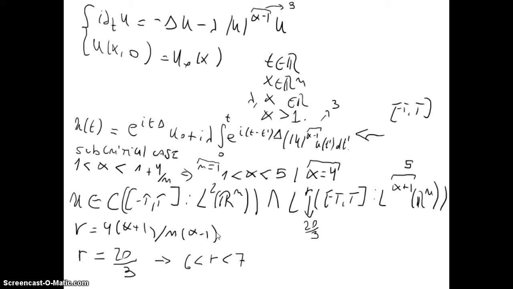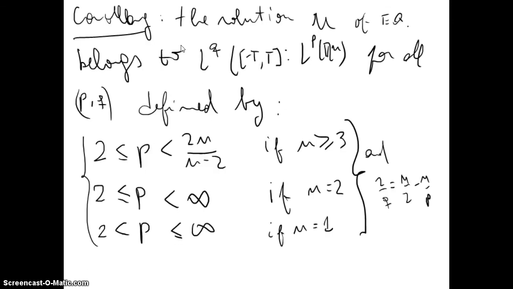So the solution is going to be in this space, intersection L^r, this is between 6 and 7, and in the space L^5. Okay, but if we take in consideration the corollary, then we have that the solution u will belong to L^q and L^p for pairs (p,q) defined by all these conditions.